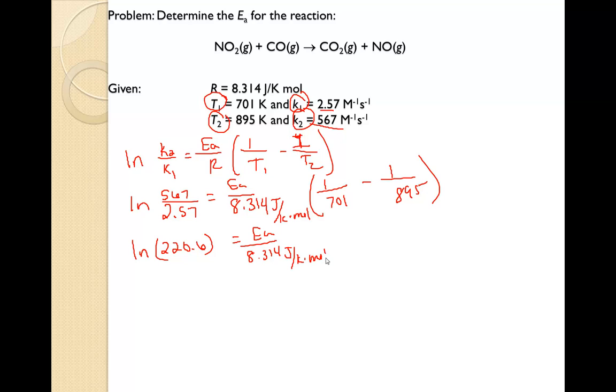I didn't write down the units. 1 over 701 kelvin comes out to be 0.00143 kelvins to the minus 1, minus 0.00112 kelvins to the minus 1. ln of 220.6 is 5.40.